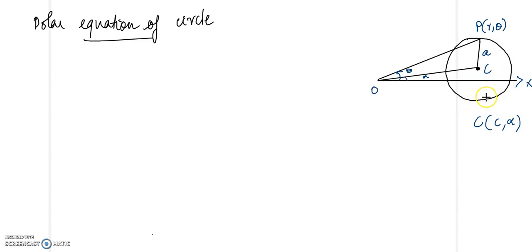Now when you form the equation of the circle, that will be an equation involving r, theta, then c, alpha, a and theta. So let us see what is the equation of the circle.